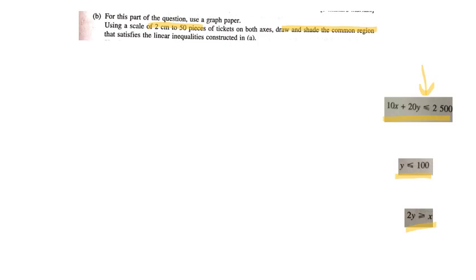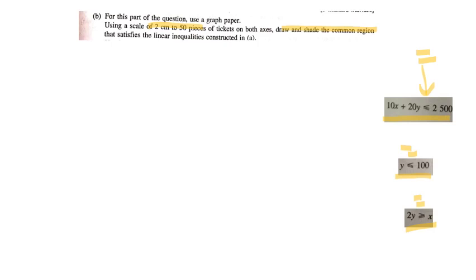Okay, so to draw the graph, this is your linear inequalities, right? So you have to change all these to equal sign. And how to draw, I have already taught you.